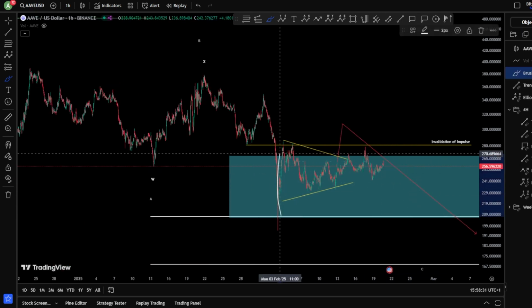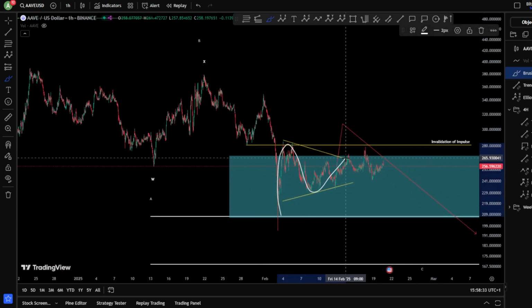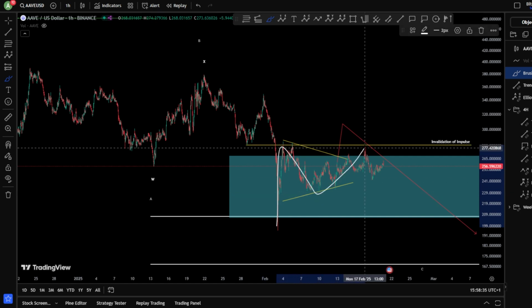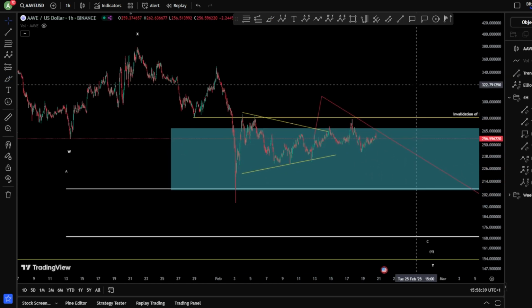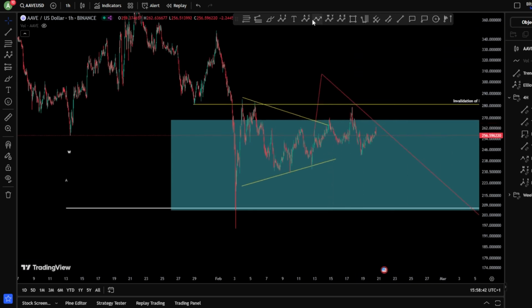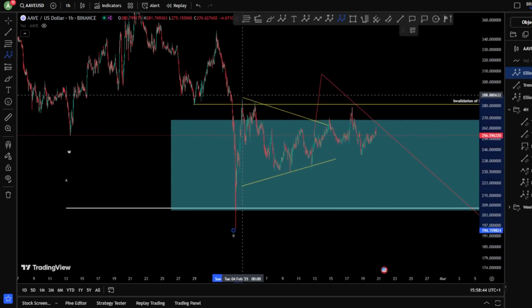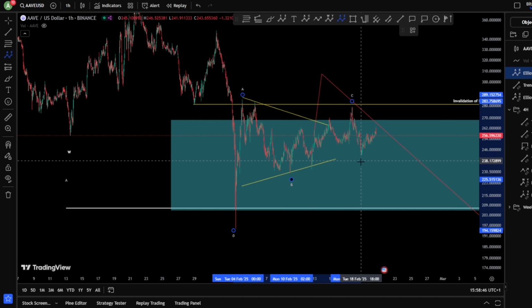And probably if you are in A, B, C, let me check, A, B, C, D, and an E, then we have finished this triangle.